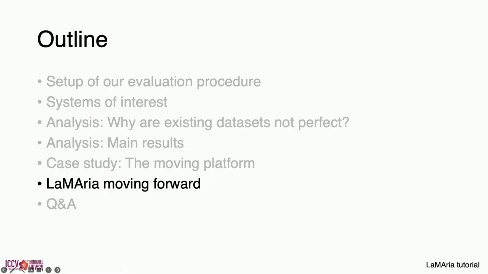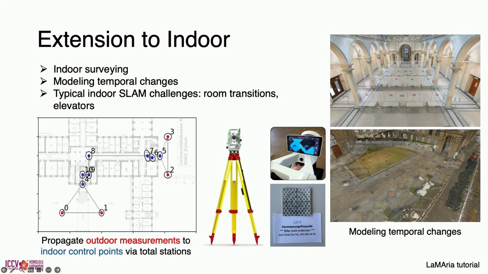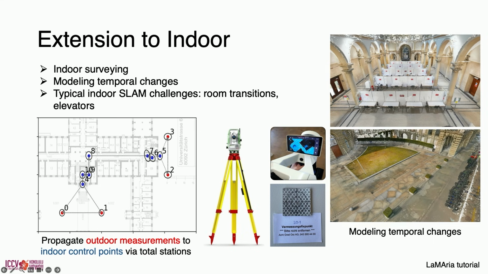That recaps the case study of the moving platform, and now I'll briefly say what we plan to do with our dataset moving forward. The main thing is we are working on extending this work indoors. Since in Zurich we don't have indoor control points defined, we perform indoor surveying.